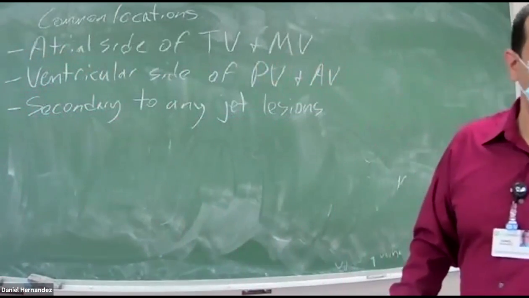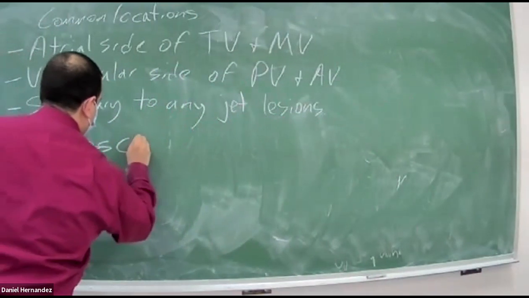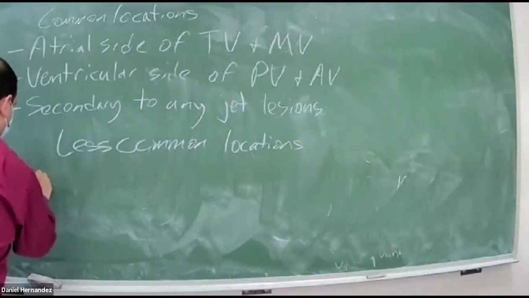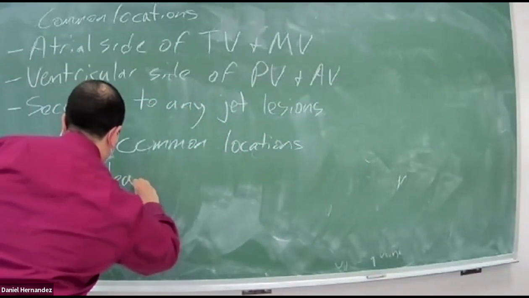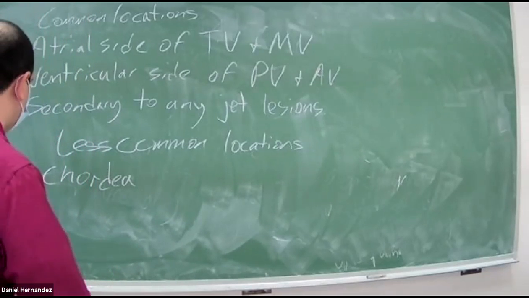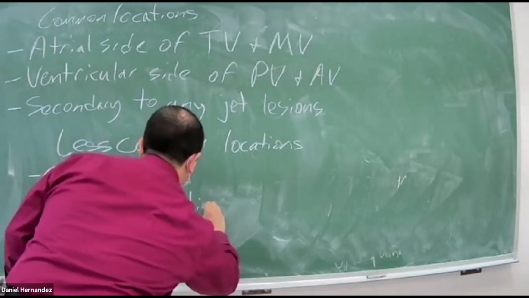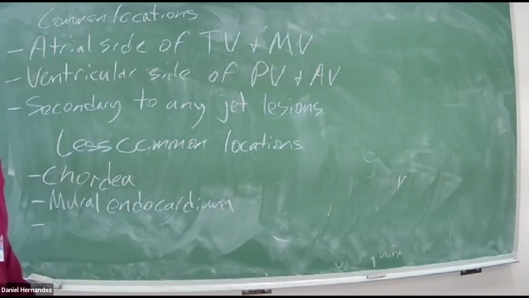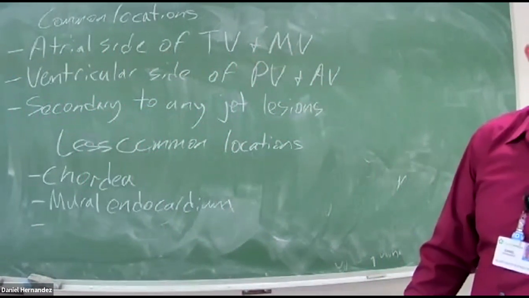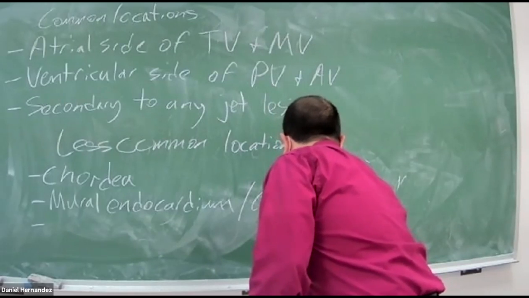So less common locations would be on the chordae, the mural endocardium, the chamber walls.